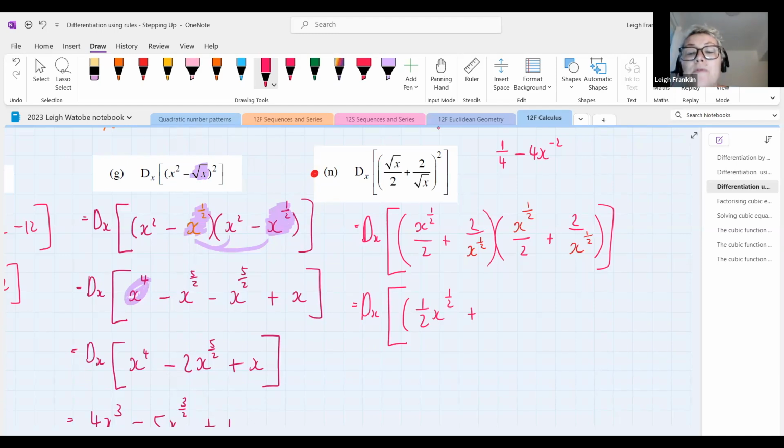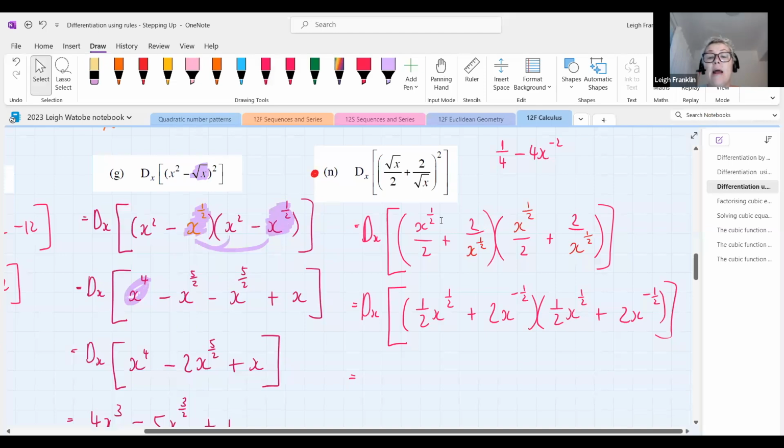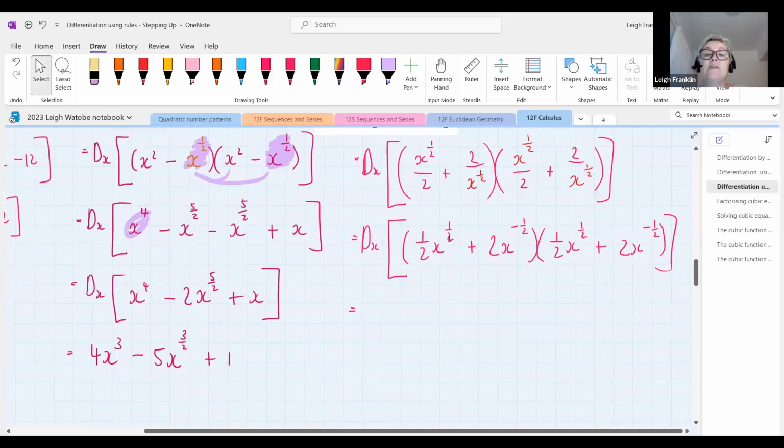And my second term I would have written as 2x to the power of minus 1 over 2, like so. That's what I would have done in my first step, just to make life easier for myself. As I was saying earlier, it helps you get your answer in fewer steps rather than lots and lots of steps. So what I've done here is remove the roots and the divide lines as well.